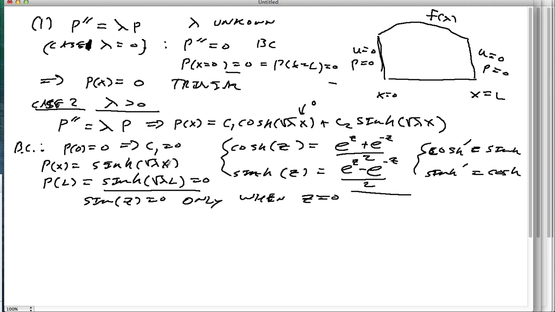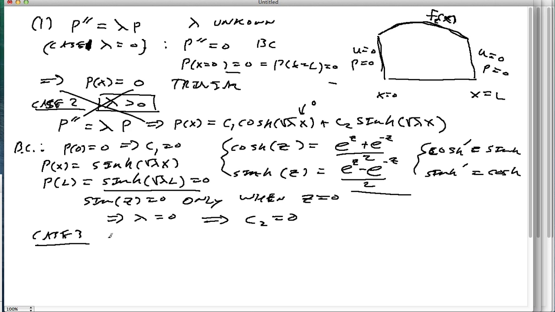And because of that, it would imply then that lambda would have to be 0. But we assumed that lambda was greater than 0. Therefore, we can also assume that c2 is also 0. So case 2 is not under consideration in this particular problem with the boundary conditions set like so. All right, so finally case 3.